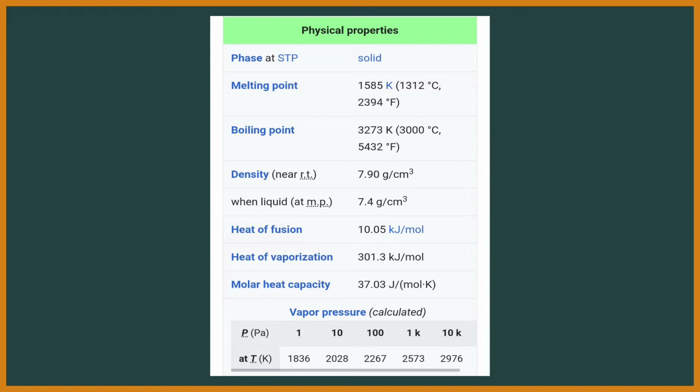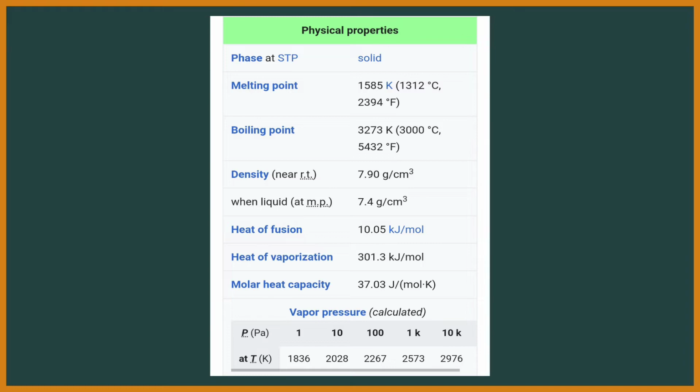Its boiling point 3273 Kelvin or equivalent to 3000 degrees Celsius and 5432 degrees Fahrenheit.